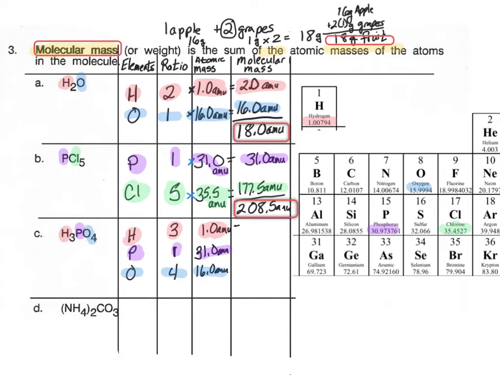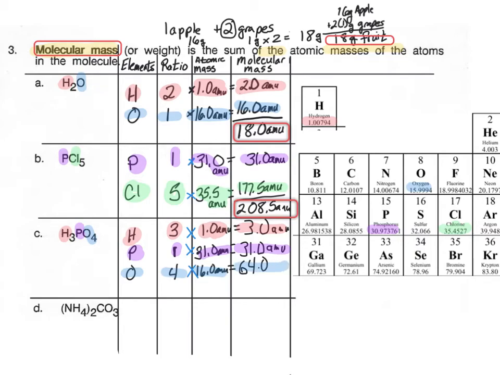The total mass of just the hydrogen then is 3 times 1.0 AMU for a total of 3 AMU. The total mass for phosphorus is 1 times 31 AMU with a total of 31.0 AMU. The total mass of the oxygen is 4 times 16.0 AMU, which is a total of 64 AMU.